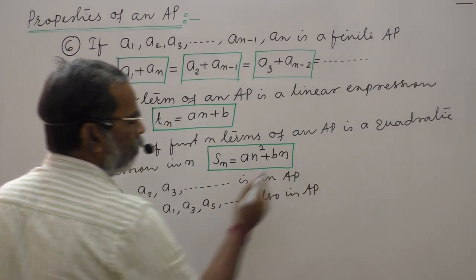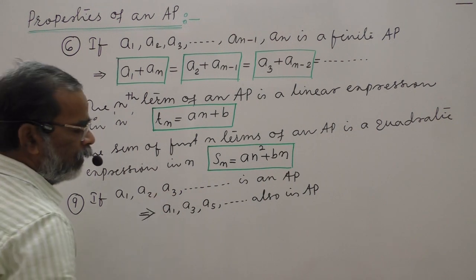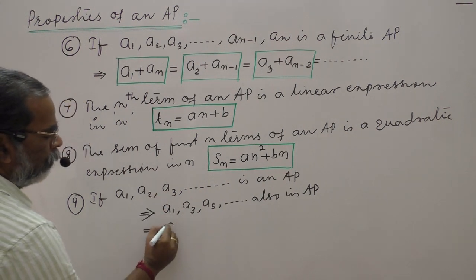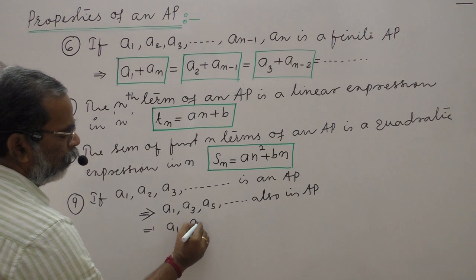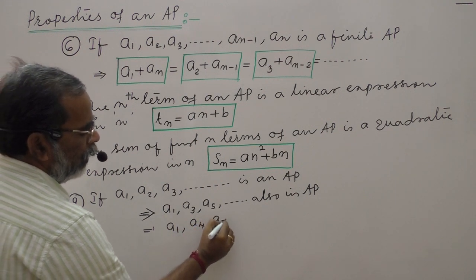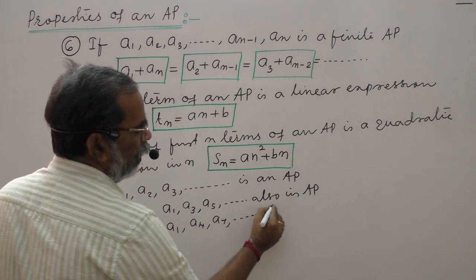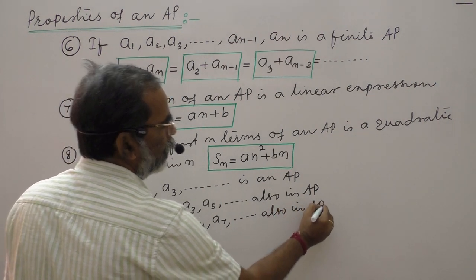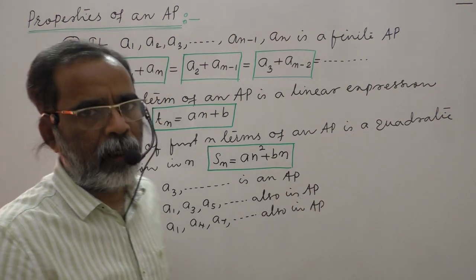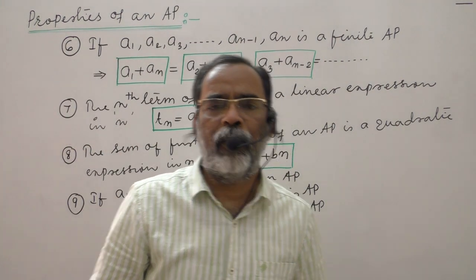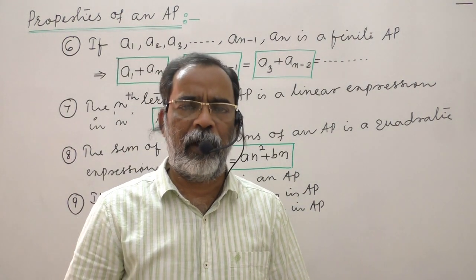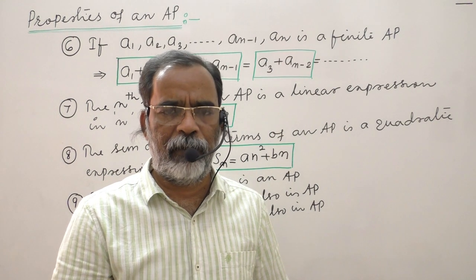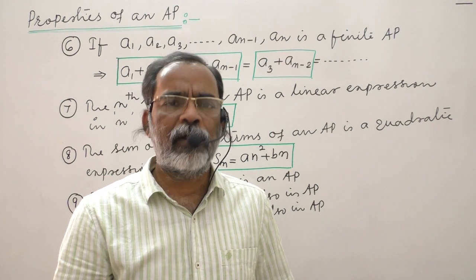Any regular interval, same length of interval. Also, if you take a1, a4, a7, a10, etc., they are also in AP series. So these are some of the important properties of AP series, its definition, formulas and its properties.